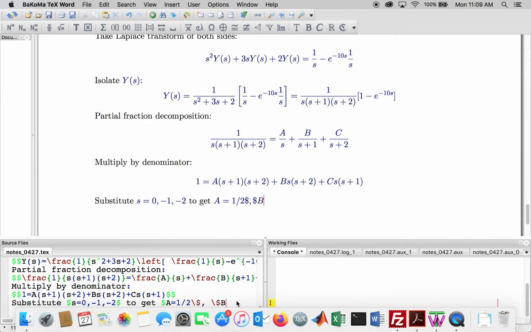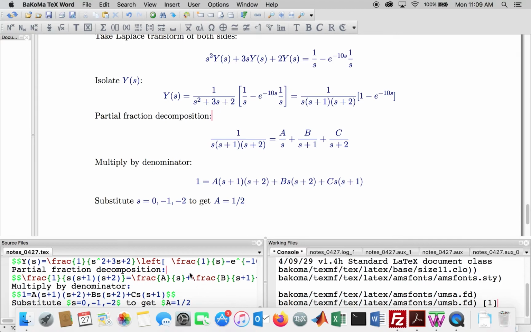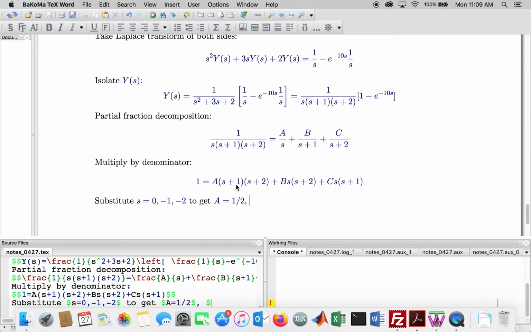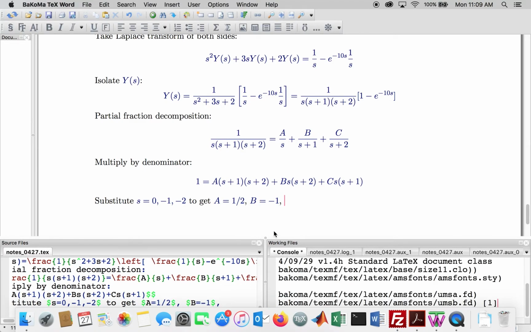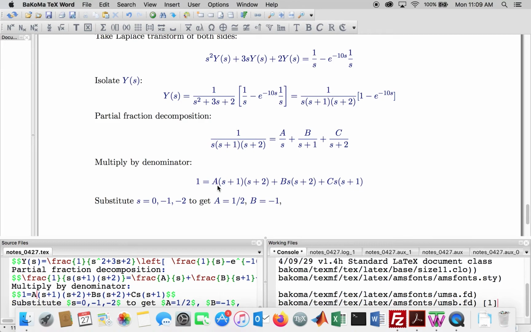Okay. Then I substitute s equal to minus 1. That wipes out this term and this term. So I get B times minus 1 times 1. So B equals minus 1. I'm sorry if I said C earlier. We are substituting s equal to those values.